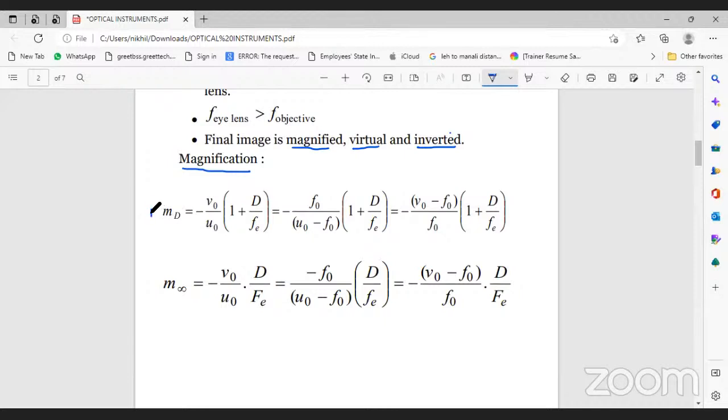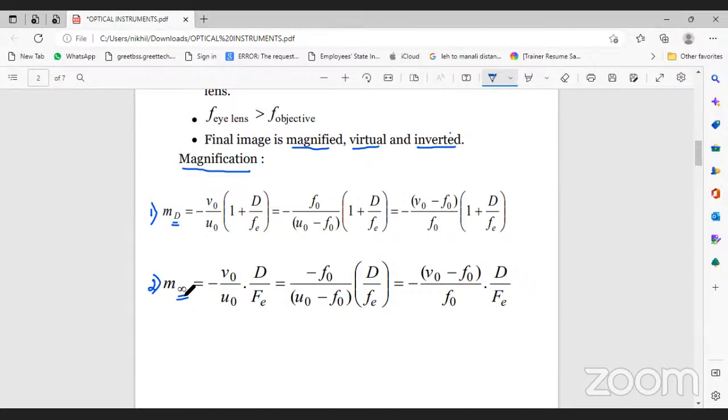The very first case is the magnification formula when the image is formed at the least distance. In the second case, the image is formed at infinity. In the second case, we are studying the magnifying power formula when the image is formed at infinity.